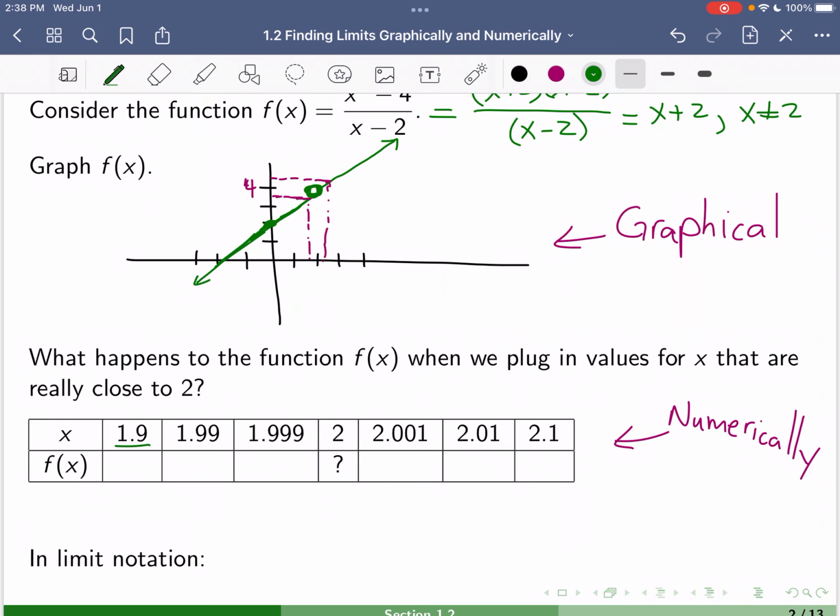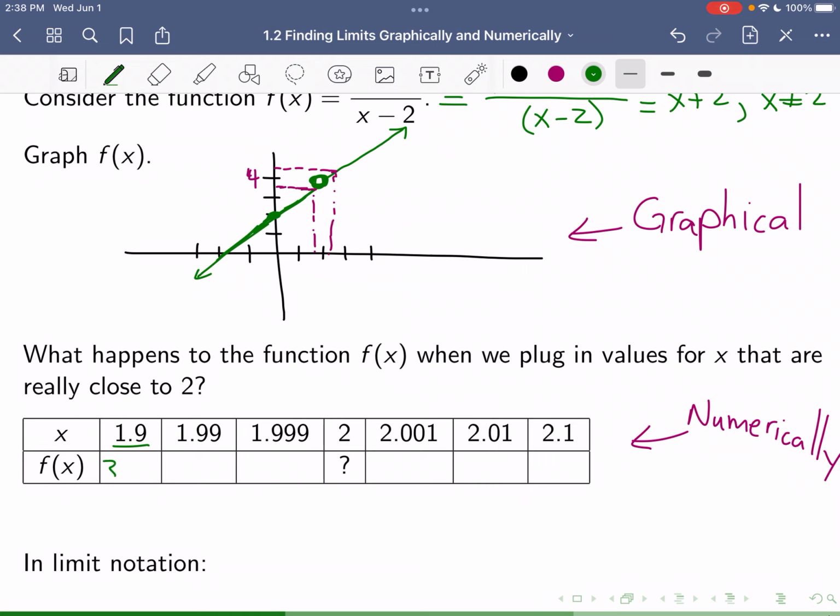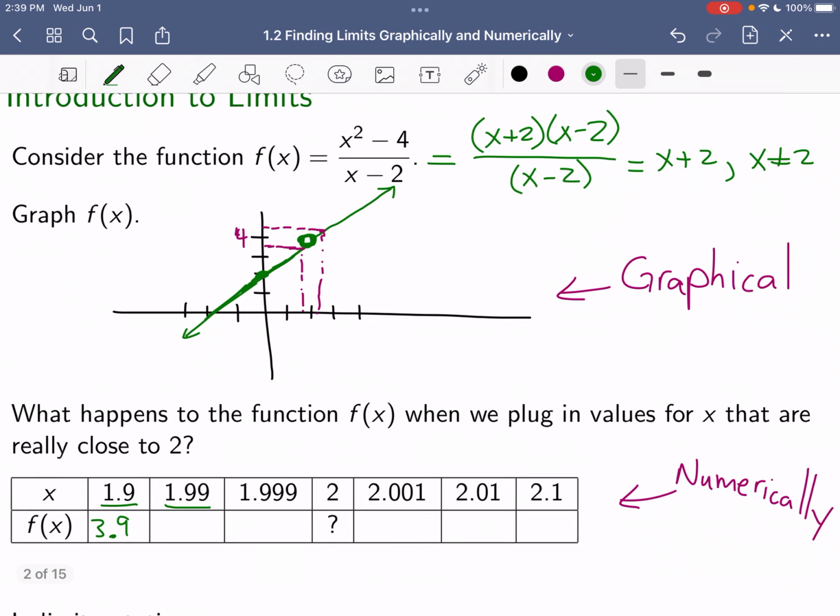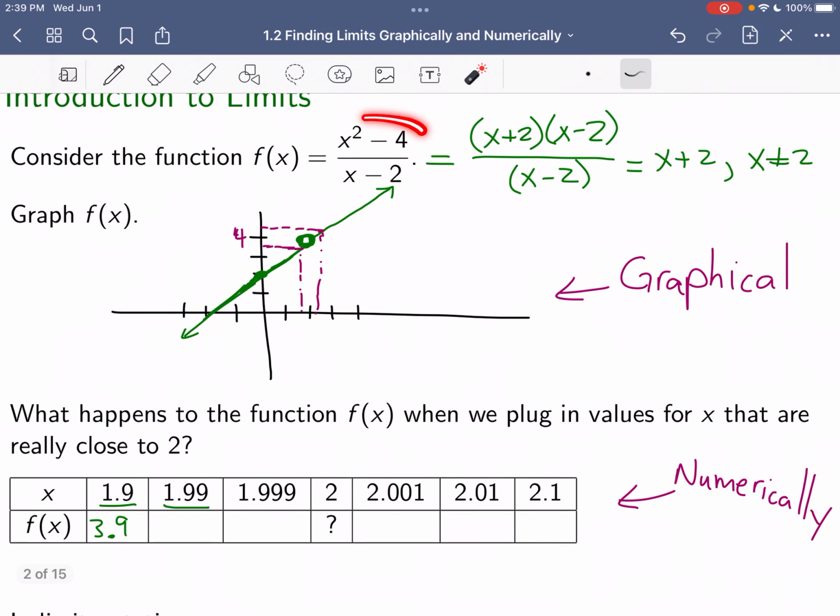If we take 1.9 and plug it into our function, we will have an output of 3.9. And then if we were to get a little bit closer, so instead of being 0.1 away, we're 0.01 away, we plug it into our function. You can plug it in here, or you can plug it in here. Either one is going to be okay, and we'll get 3.99.